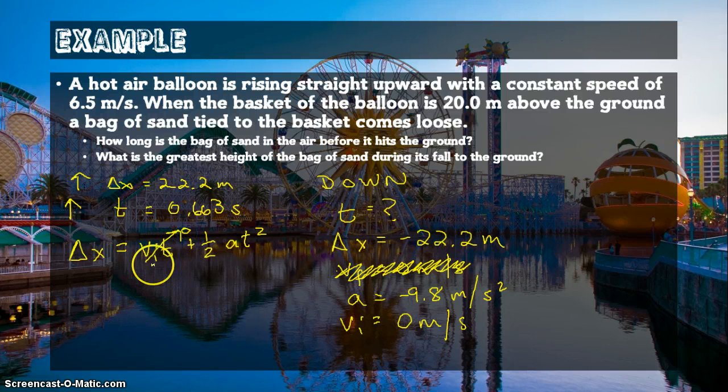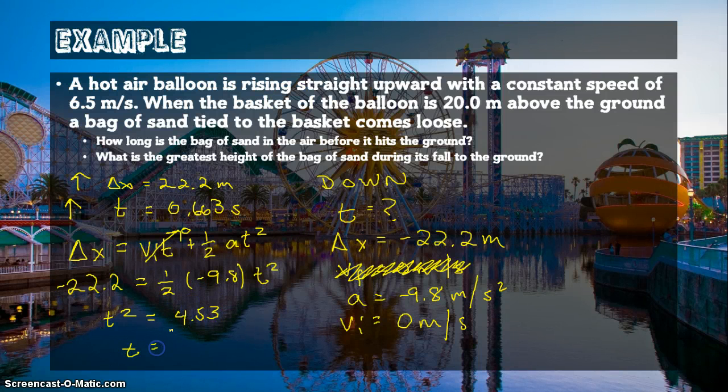This term turns to 0 because my initial velocity is 0. Delta x is negative 22.2, equals 1/2 times negative 9.8 t squared. Solve for t squared. I get 4.53. So then my time coming down ends up being 2.13 seconds.